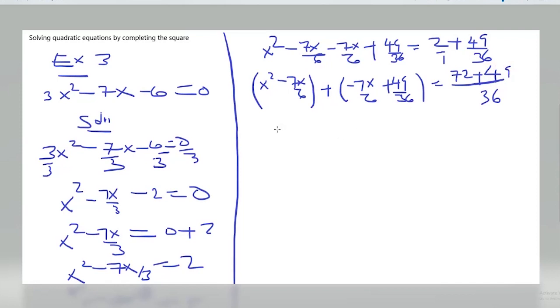Now this will be equal to x outside the bracket, then x minus 7 over 6, then take negative 7 over 6 outside the bracket, then x minus 7 over 6.